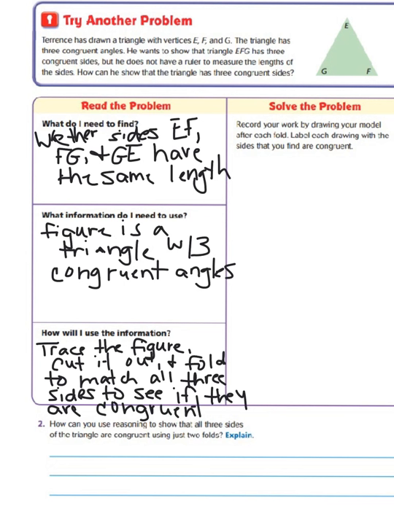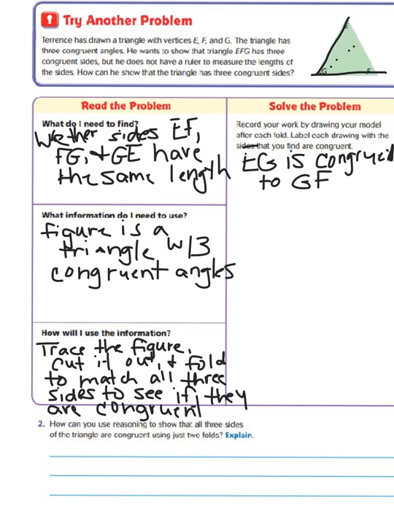So we know that we can take E and G and fold it over to check G and F. And we are going to fold it over diagonally that way. So then once we fold it, we will see that EG is congruent to side GF.